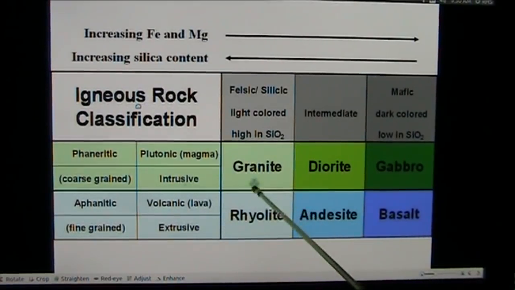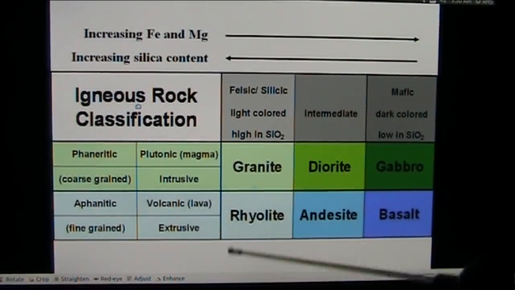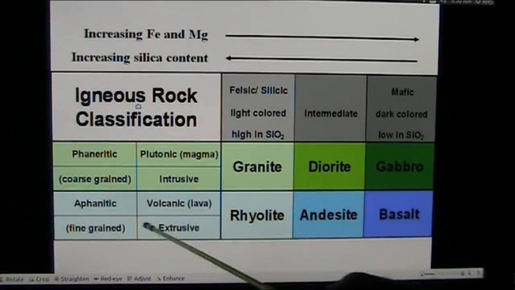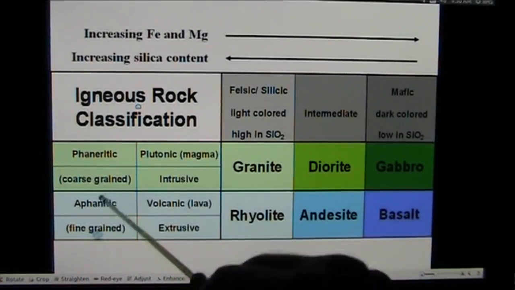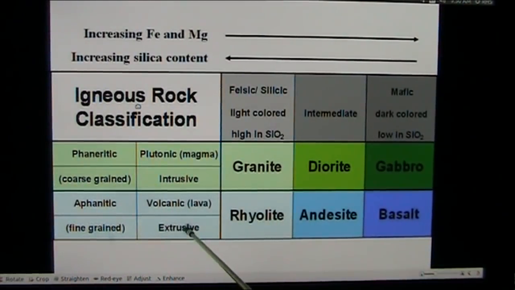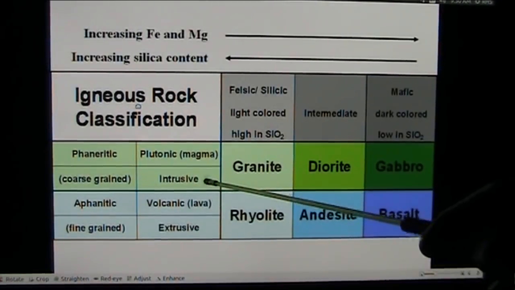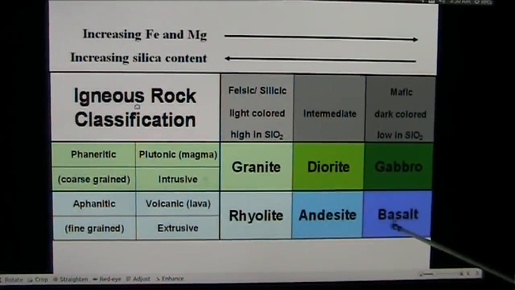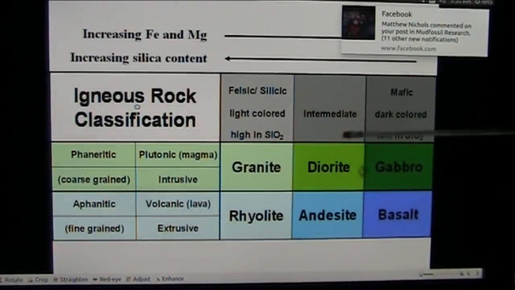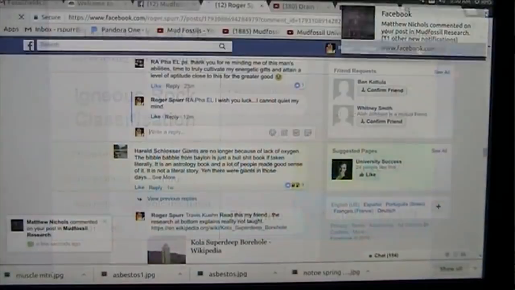Anyway, that is what granite is. It's not volcanic at all. Now then they go down to volcanic, see, fine grain, because it's not crushed rock. It's extrusive. That means it comes out of the earth. It's not something that somebody's piled up on the earth. Basalt, I agree with that. Obviously it's lava. But these are not. Anyway, it's not right at all, granite. And I can prove that.